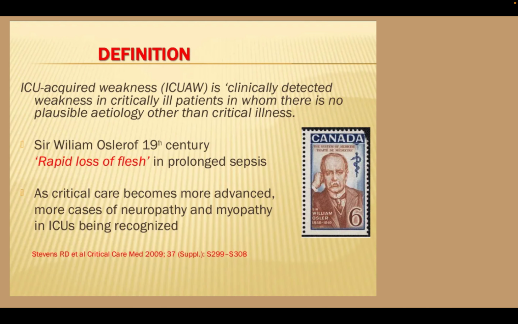As far as definition is concerned, ICU acquired weakness is clinically detected weakness in critically ill patients in whom there is no plausible etiology other than the critical illness. We already discussed Osler putting forward this theory as rapid loss of flesh. And as critical care becomes more and more advanced, more cases of neuropathy and myopathy were being recognized.